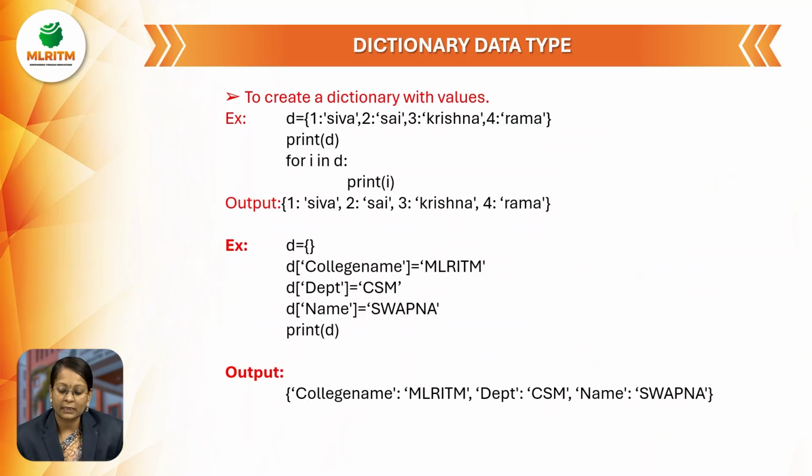To create a dictionary with values, for example, D is equal to 1 colon Shiva, comma. Here 1 colon Shiva is a pair: 1 is the key, Shiva is the value. 2 colon Sai: 2 is the key, Sai is the value. 3 Krishna, 4 Rama.